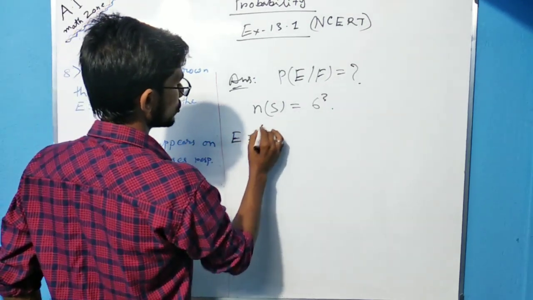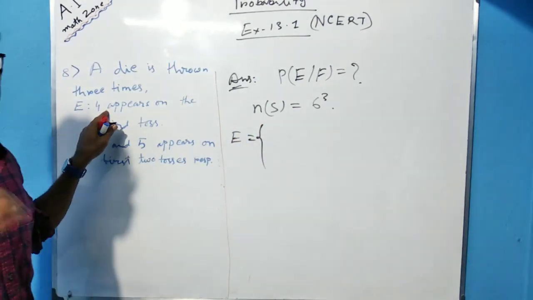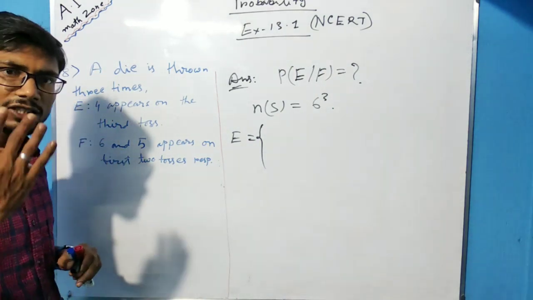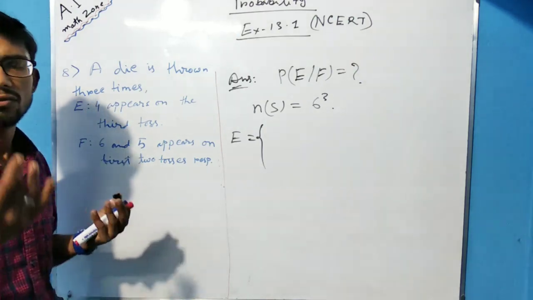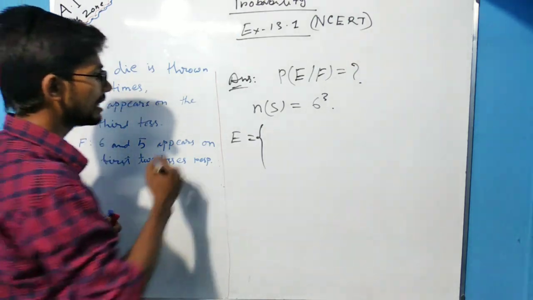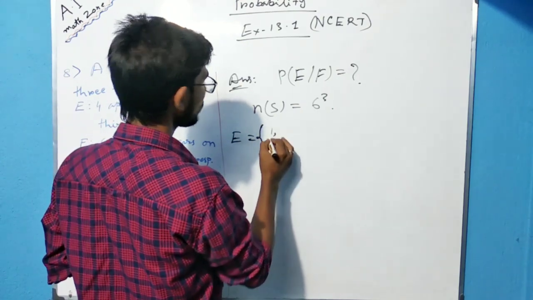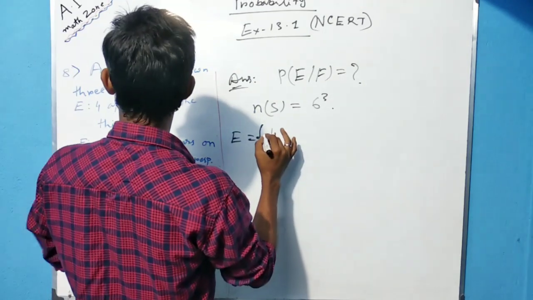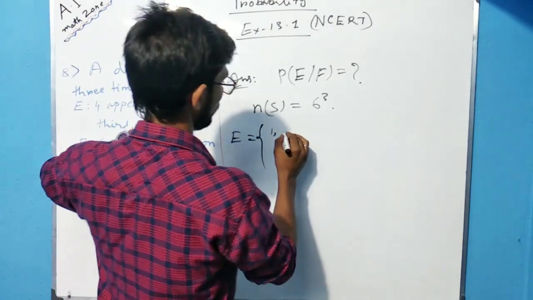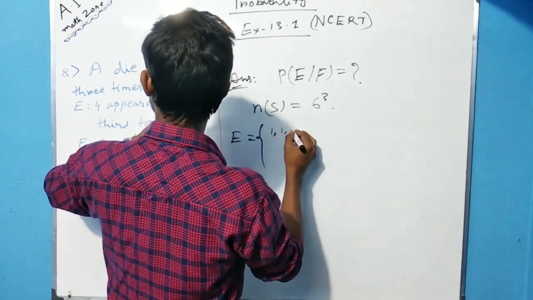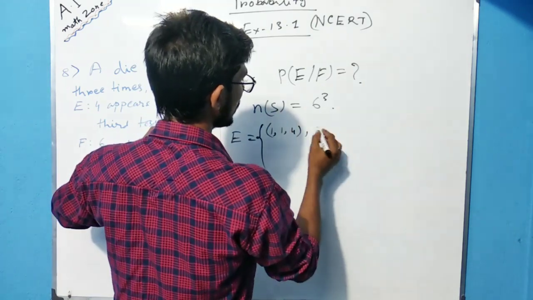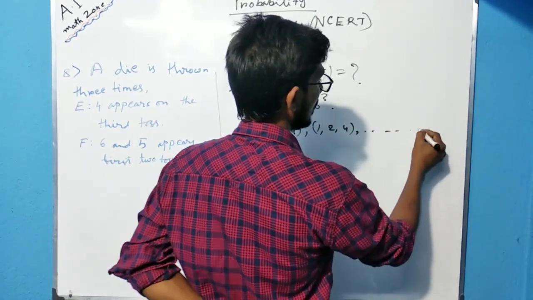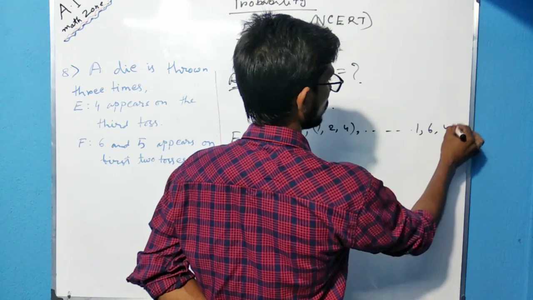So E is equal to: 4 must appear on the third toss, and nothing is said about the first 2 tosses. So in the first 2 tosses it may be 1, 2, 3, 4, 5 and 6, whatever, right? So the elements will be 1, 1, 4, then 1, 2, 4 and so on up to 1, 6, 4.